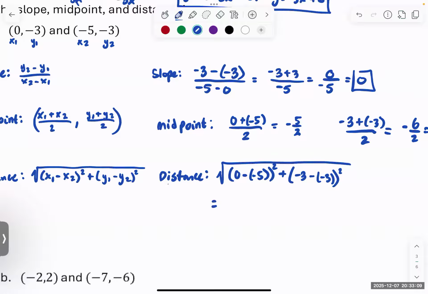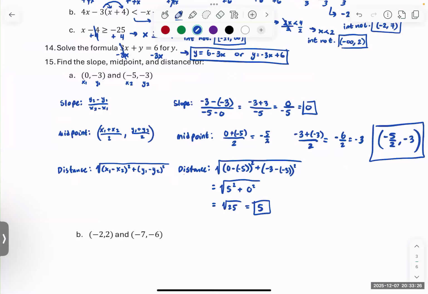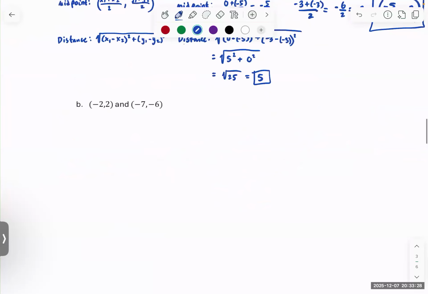So this becomes 5 squared plus 0 squared, all under the square root, which is just the square root of 25, which is just 5.